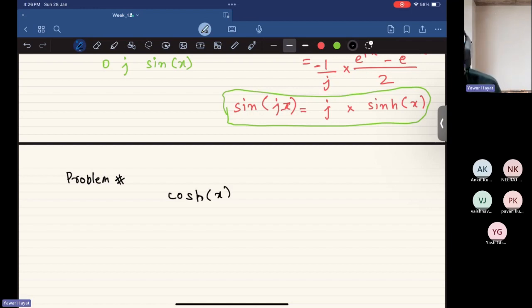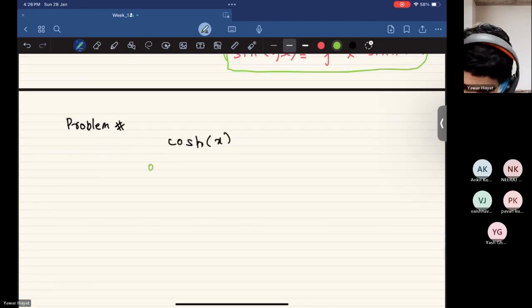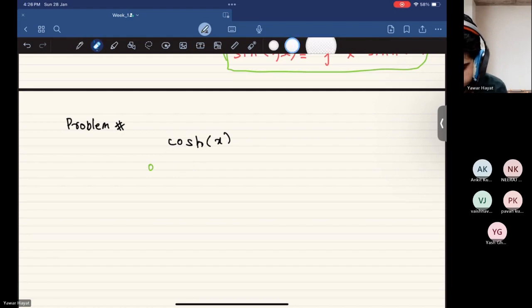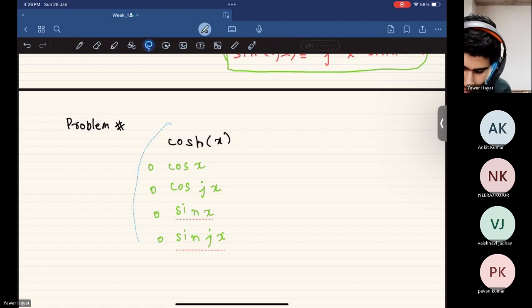Right, cosh x. And your options will be cos x, cos of jx, sin x, sin of jx. Give it a try.